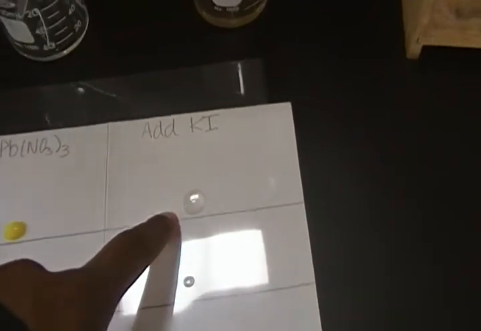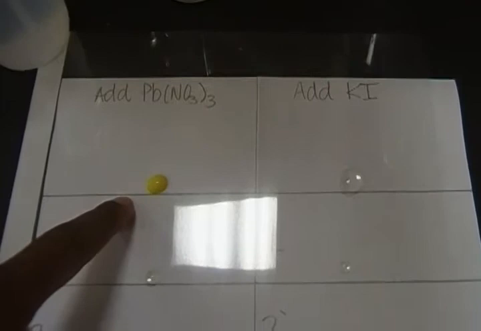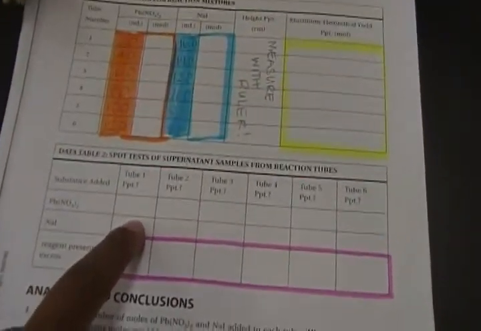In the case of KI, it was exactly the same substance. The excess substance was KI. So when you added more KI, nothing happened. But in this case, the excess substance was KI, and so when you add lead nitrate, you got a precipitate. You will notice that where those dots change along the process of doing the lab. So make sure that you clearly write yes and no here.